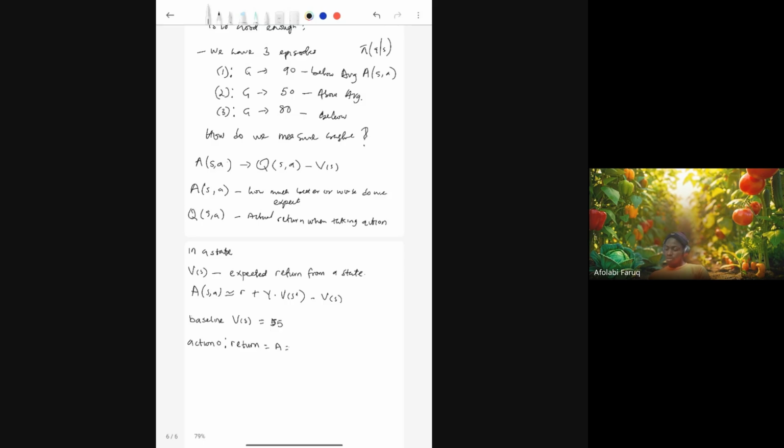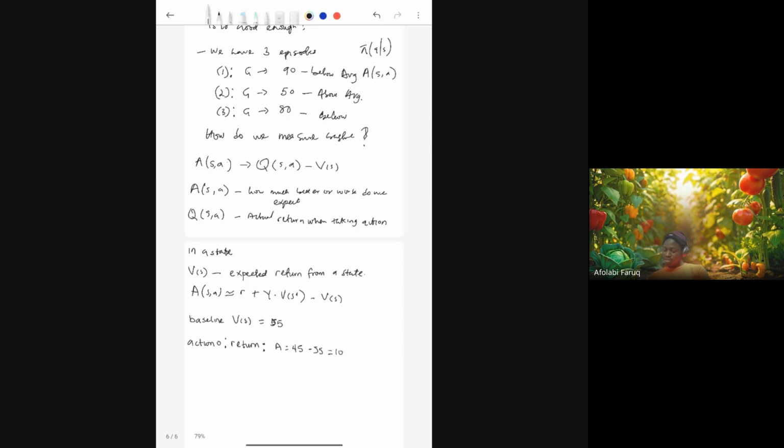A equals return minus V of S. A equals 45 minus 55, which is going to give us minus 10.